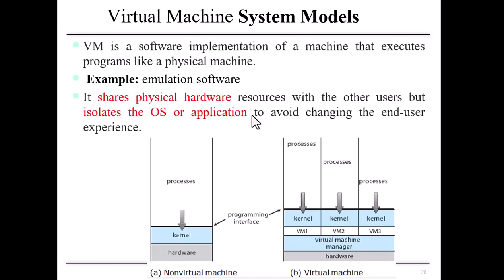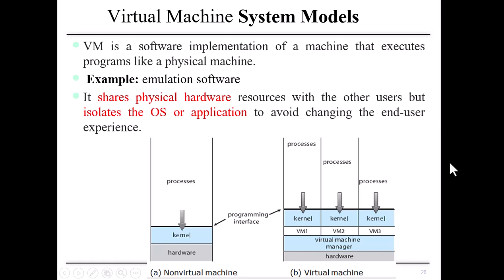Virtual machine system models. A virtual machine or VM is a software implementation of a machine that executes programs like a physical machine. Examples include emulation software. It shares physical hardware resources with each user, but isolates the operating system and application to avoid changing the end user experience.